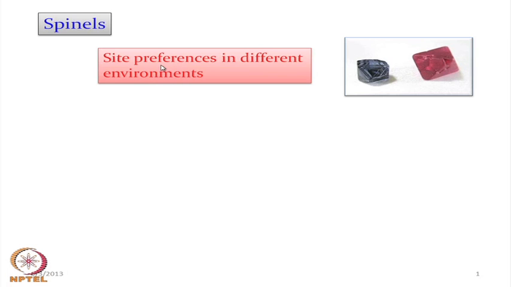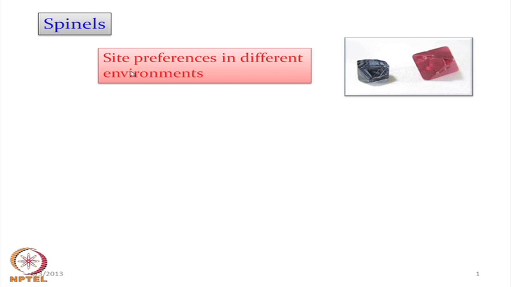So, we can calculate the corresponding crystal field stabilization energy, that means the CFSE, for finding the site preference of these metal ions. So, if a particular metal ion has more crystal field stabilization in the tetrahedral site, it will basically prefer that arrangement, where in the solid state structure that particular cation will sit within the tetrahedral sites.